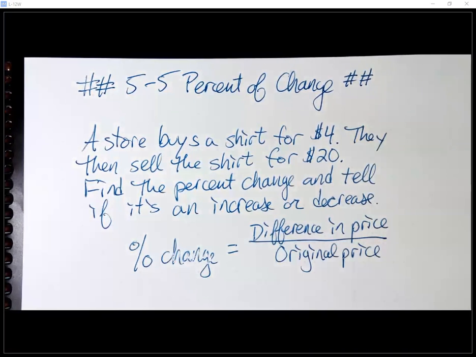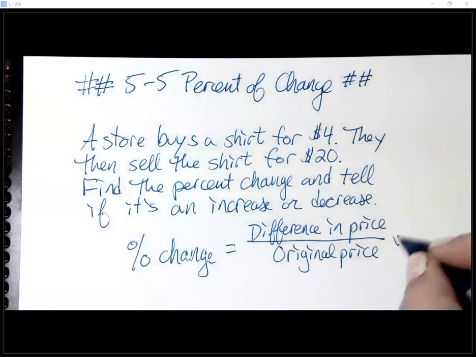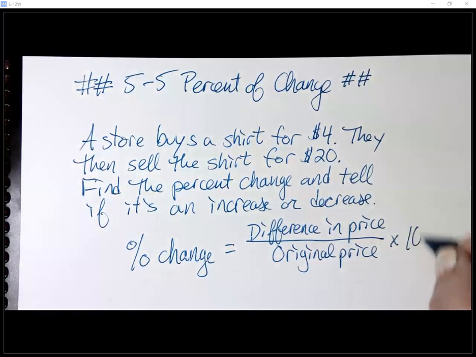And then just like before, we divide the fraction and multiply by 100. So we are going to actually do that division and times it by 100. And that will give us the percent change. And then it's pretty easy to determine if it's an increase or a decrease. They have marked the shirt up in price, right? So that would be an increase. We'll do another example in a minute where maybe a shirt goes on sale and then it's a percent decrease.